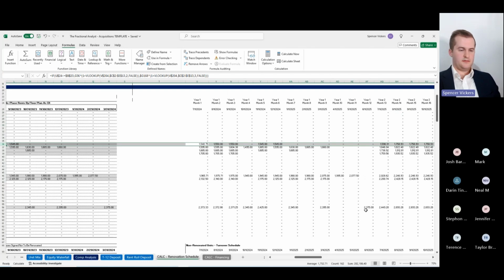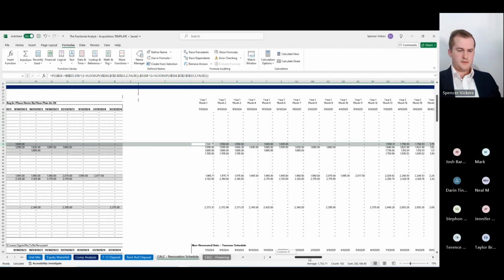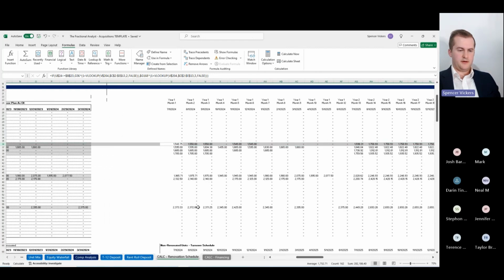So you'll see like on this unit, for example, this is an A1. The in-place rent here, and these are averages, right? It's not just one specific unit, it's the floor plan. So the averages for this floor plan were 1548.75, a year prior, and 1550, etc.